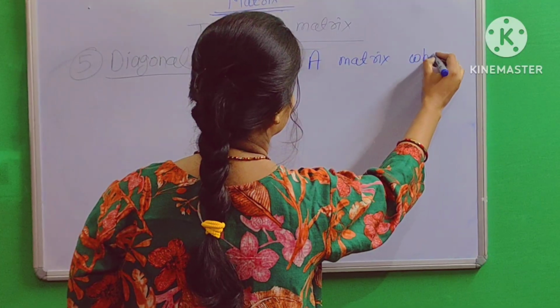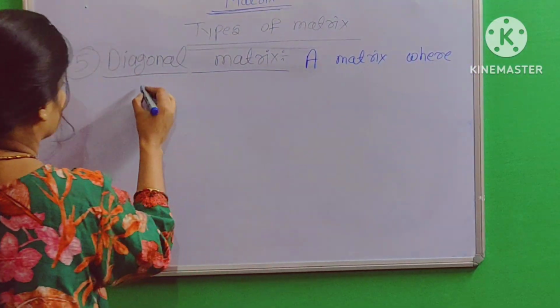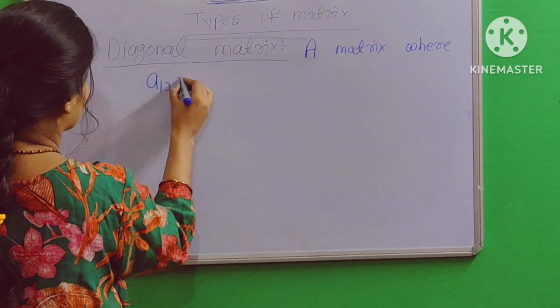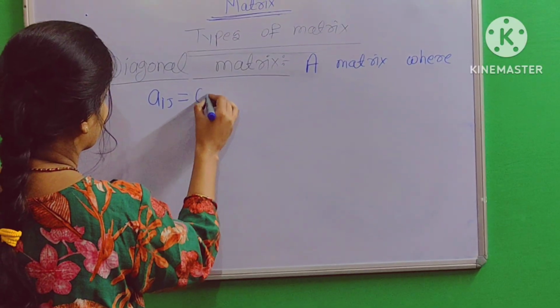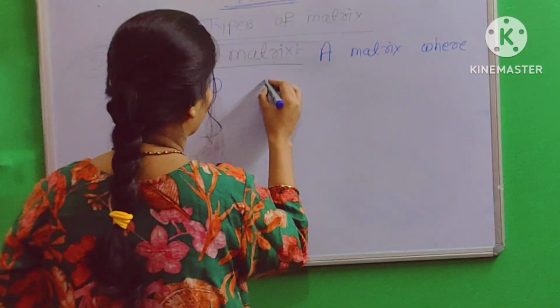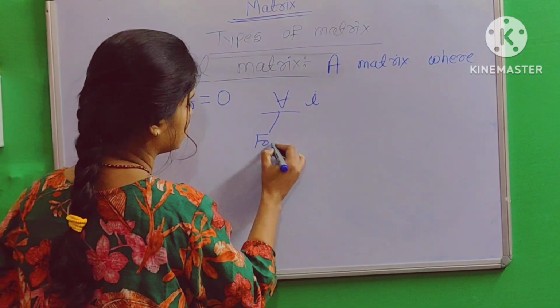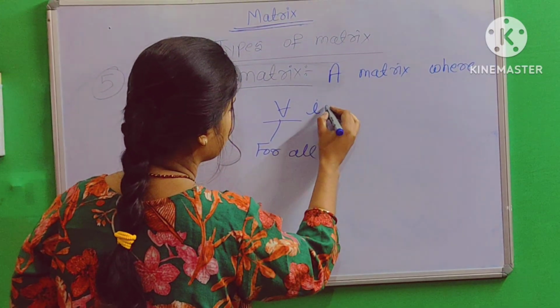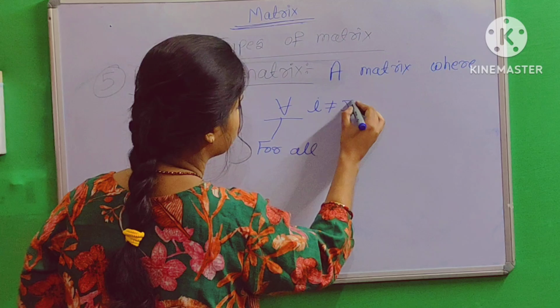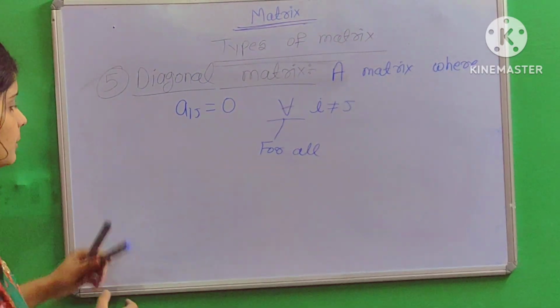where Aij is equal to 0 for all i not equal to j. This is the symbol for all. Suppose I give one example.